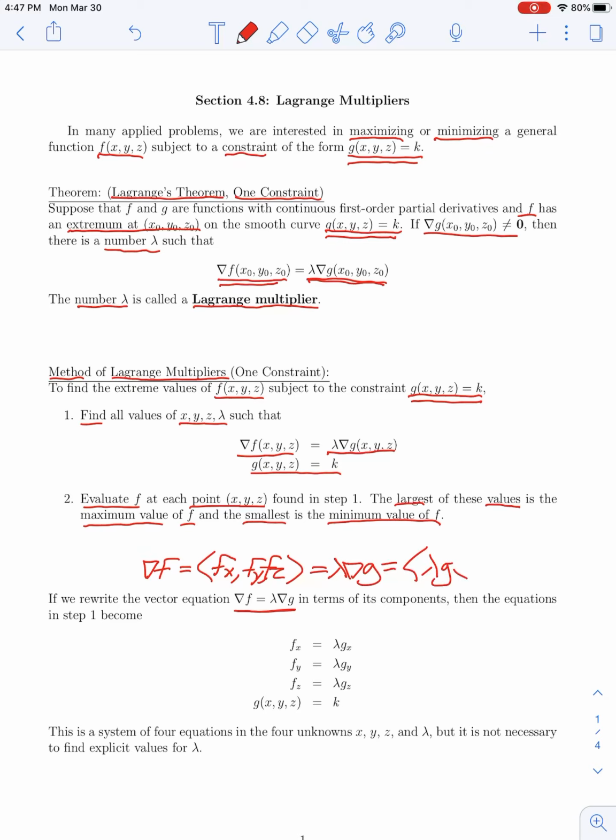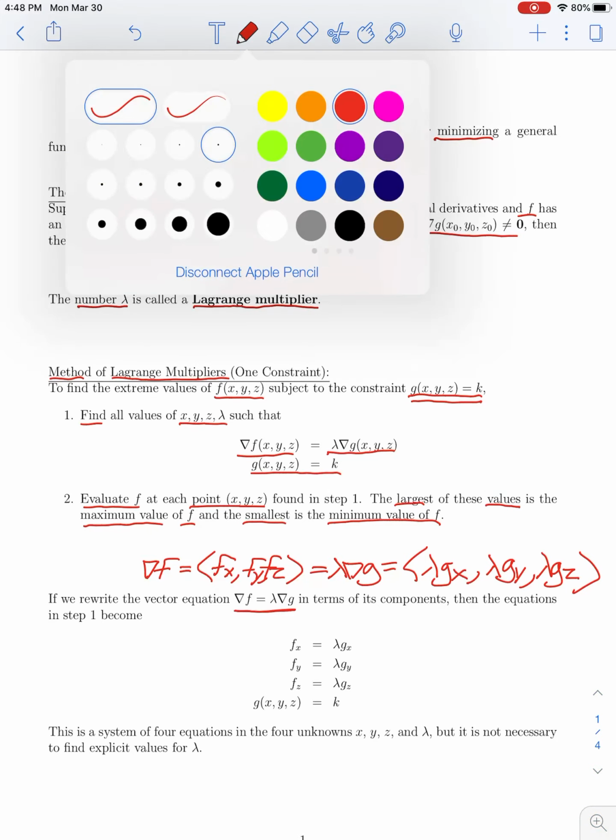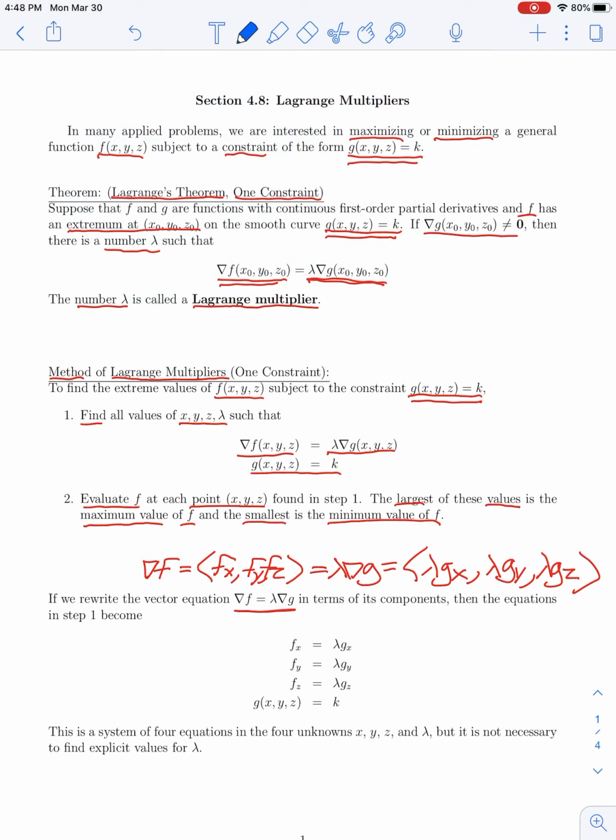And setting that equal to lambda times the gradient of g, we would have lambda times the partial derivative of g with respect to x, lambda times the derivative of g with respect to y, and lambda times the derivative of g with respect to z. So in order for these two vectors to be the same, their components must be the same.